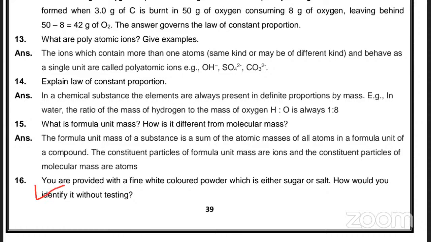You are provided with a fine white colour powder, which is either sugar or salt. How will you identify it without testing? Suppose they have given one sample, you have to test whether it is sugar or salt. So how you will exactly test it, that we will see.